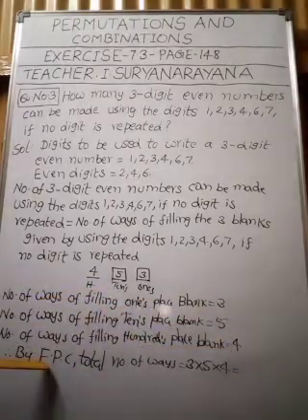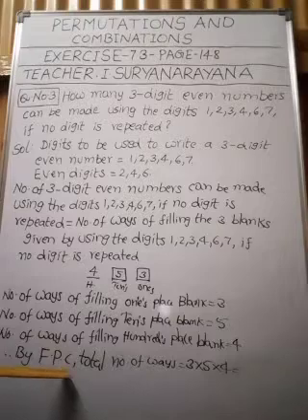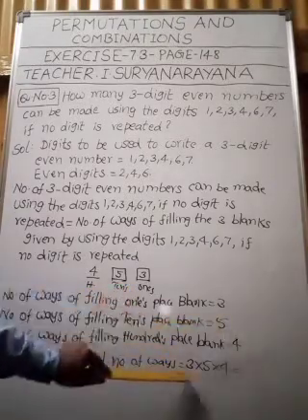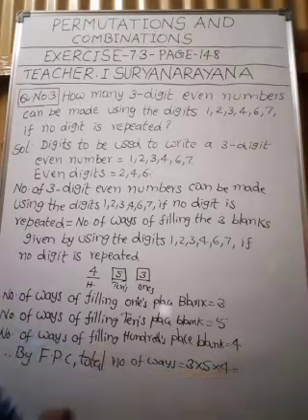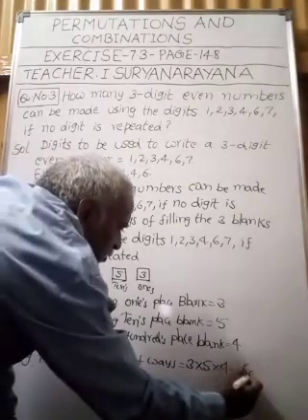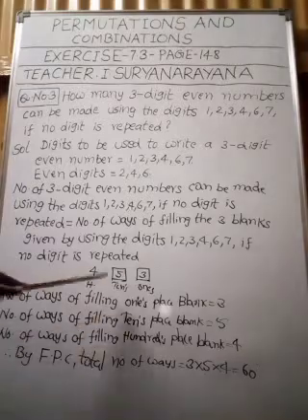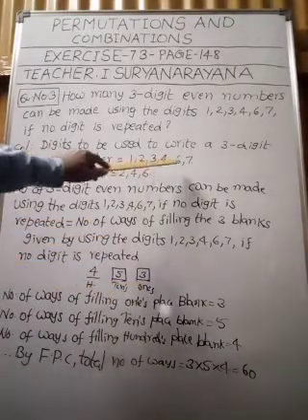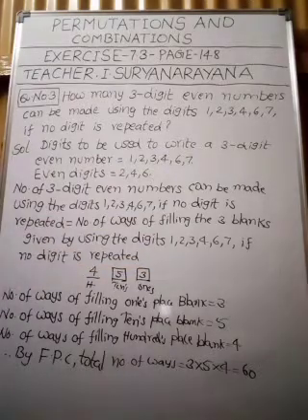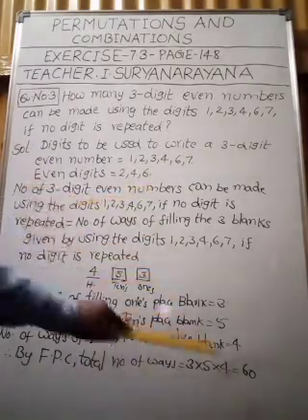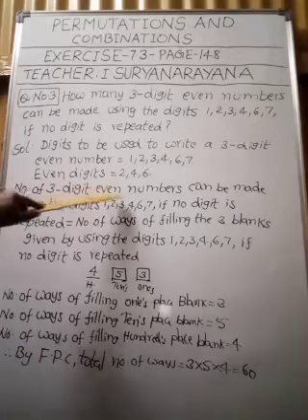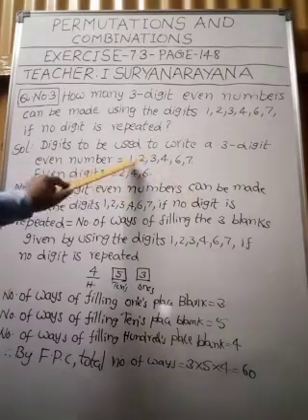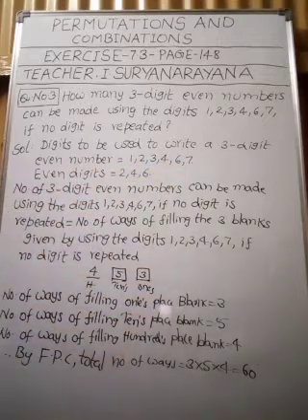We are using the fundamental principle of multiplication, not adding. So 3 into 5, 15, 15 into 4, 60. So totally 60 3-digit even numbers can be formed by using the digits 1, 2, 3, 4, 6 and 7.